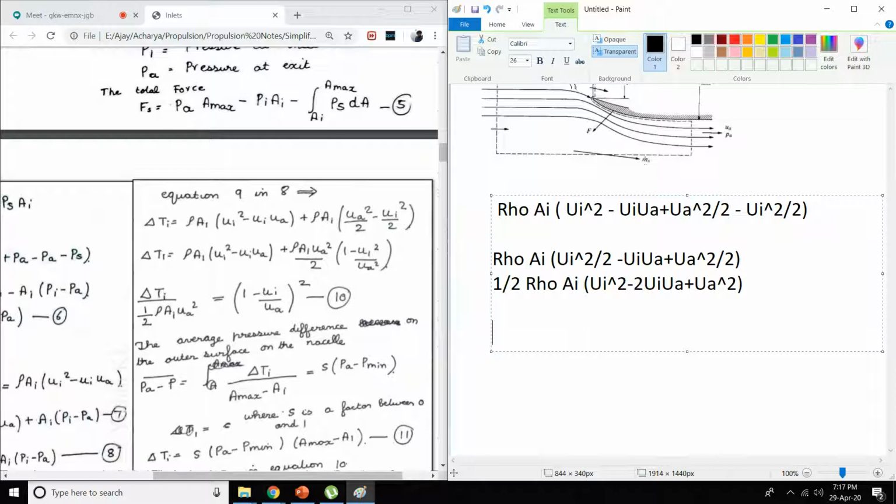Rho is understood. Next you'll have Ui minus Ua the whole square. So that is what happens here. I'll just write it, half rho Ai.